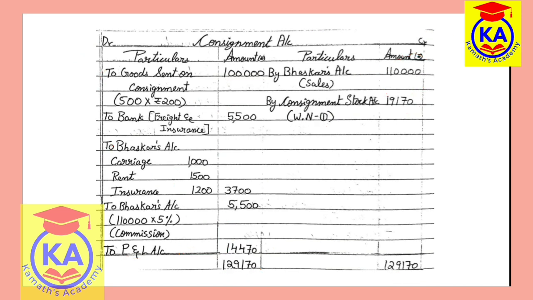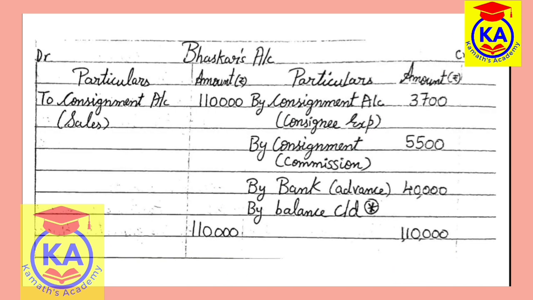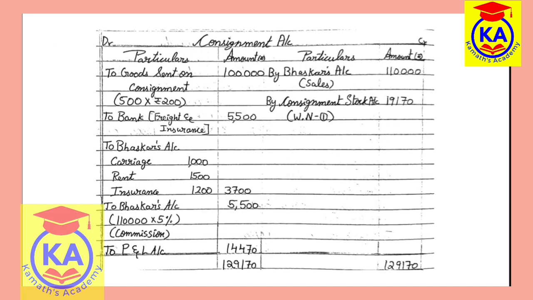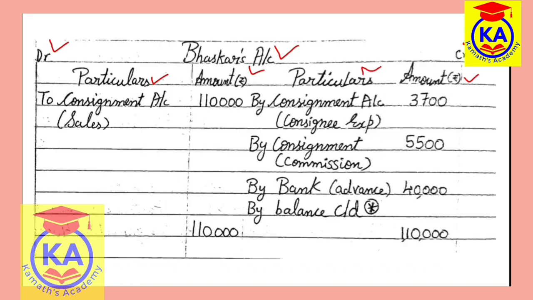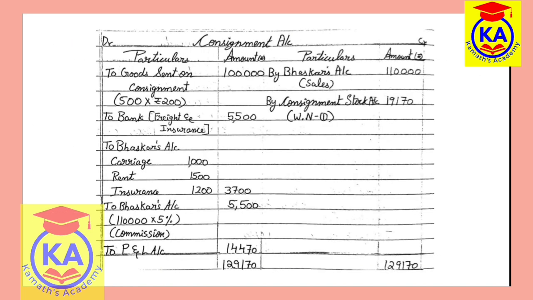So let's move on with Bhaskar's account. In Bhaskar's account, debit, credit, particulars, amount. As I said in the previous question, when Bhaskar's account appears, check for the name Bhaskar. You can see here Bhaskar in credit side, Bhaskar in debit side, the consignment account.